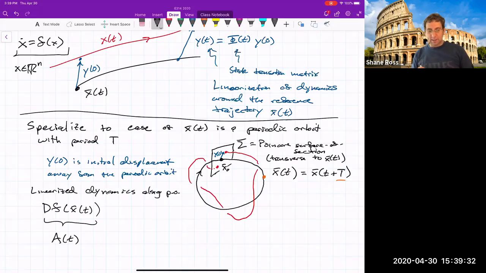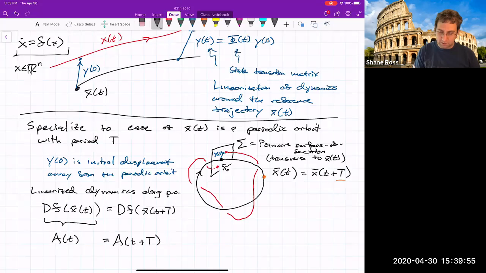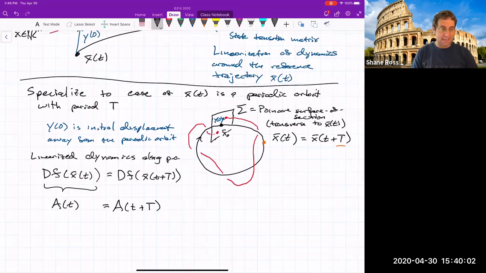And now it has the property that it's not just time-dependent, it's time periodic. So if we were to wait a time capital T, this matrix repeats. It's a matrix of periodic coefficients. So this is just the same as the Jacobian evaluated along that periodic orbit. Because it's a periodic orbit, the linearization is also periodic, and that's all summed up in this A matrix.